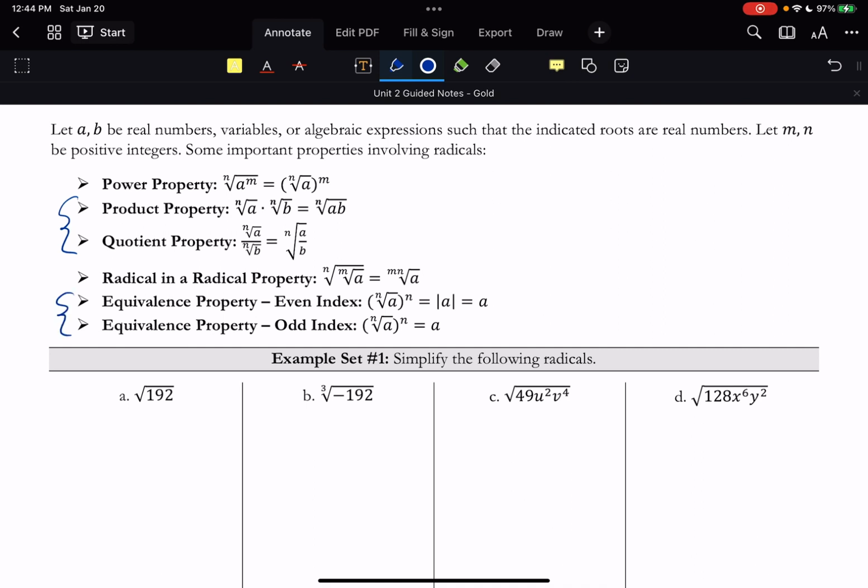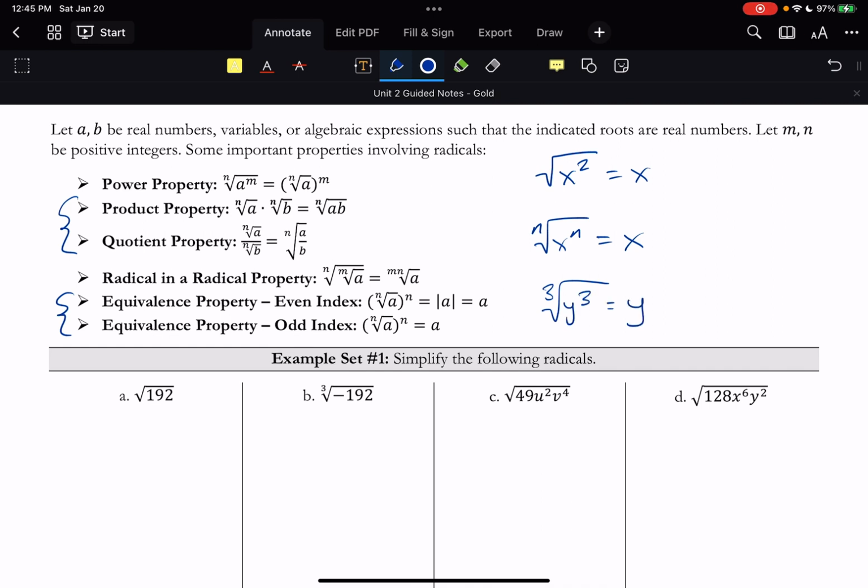A huge one is the equivalence property, or the identity. Basically, that's saying that if I were to take something like the square root of x squared, that's just equal to x. So it's saying for any nth root, if I raise something to the nth power, I'm just going to get that value back. If I were to also take the cube root of y cubed, I know that that is just the value y.